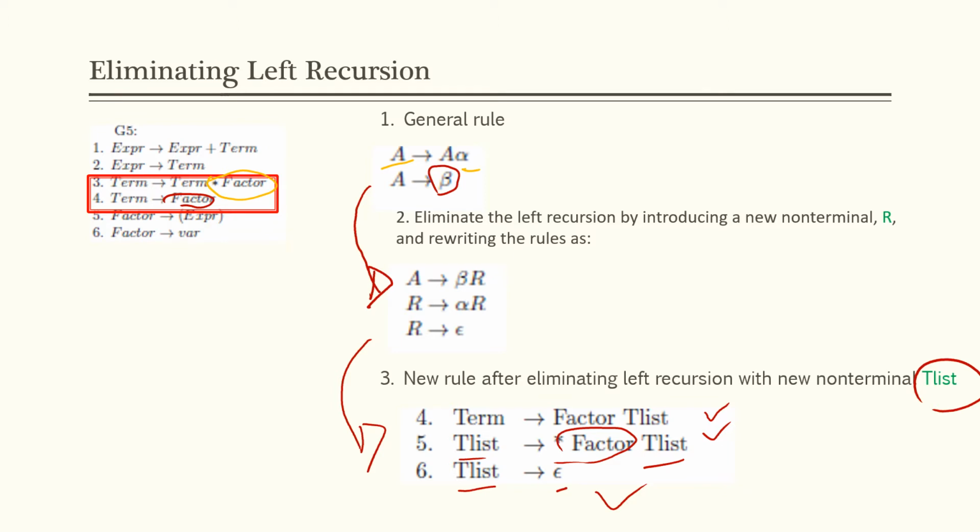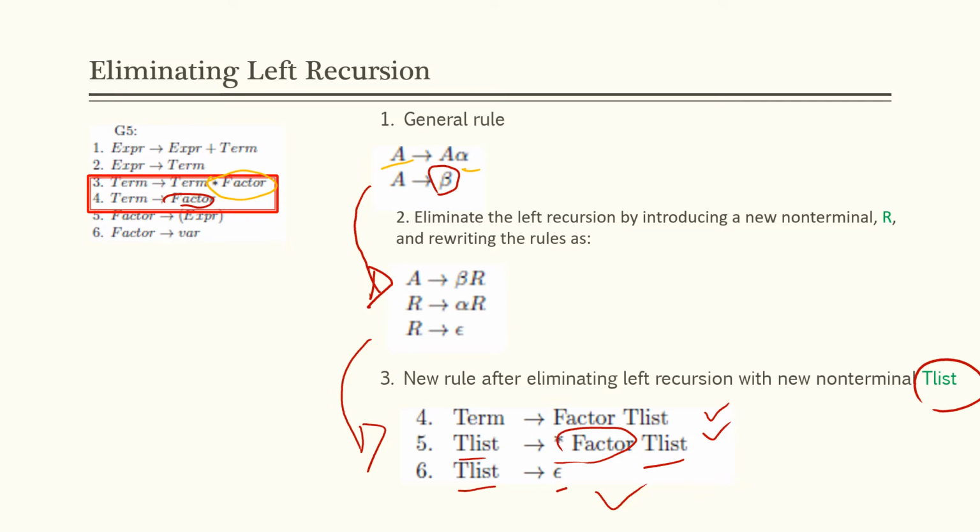For example, the first rule, expression goes to expression plus term. The non-terminal is expression, it will call expression again and again, meaning there is looping there. So we want to remove that recursion. That is why we didn't do it for 5 and 6, because 5 and 6 do not have any recursions in the rules.